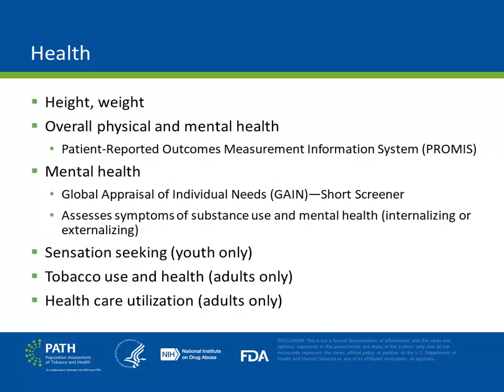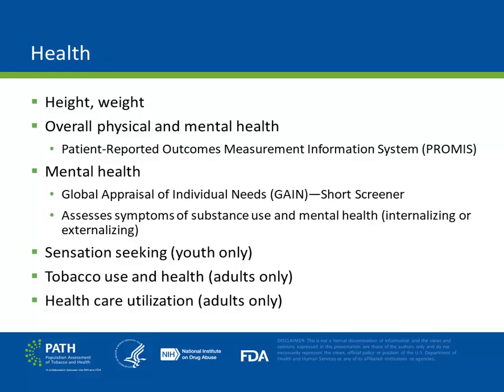The health section of the instrument is very detailed and includes questions about physical, mental, and behavioral health, as well as healthcare provider and ER visits. This section utilizes components of validated scales like the Patient-Reported Outcomes Measurement Information System, or PROMIS, to assess physical health, and the Global Appraisal of Individual Needs, or GAIN, short screener to assess symptoms of substance abuse and mental health difficulties.